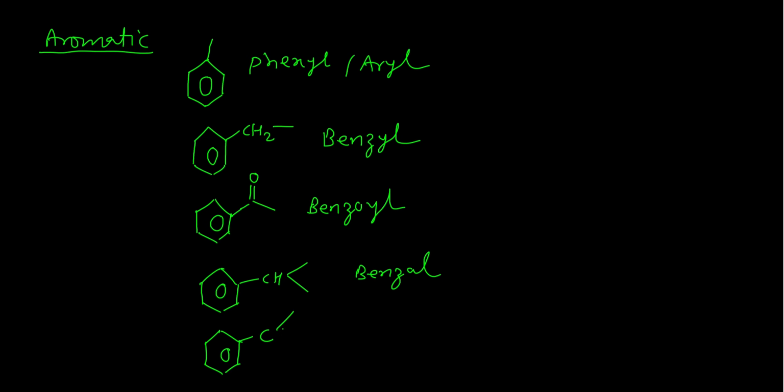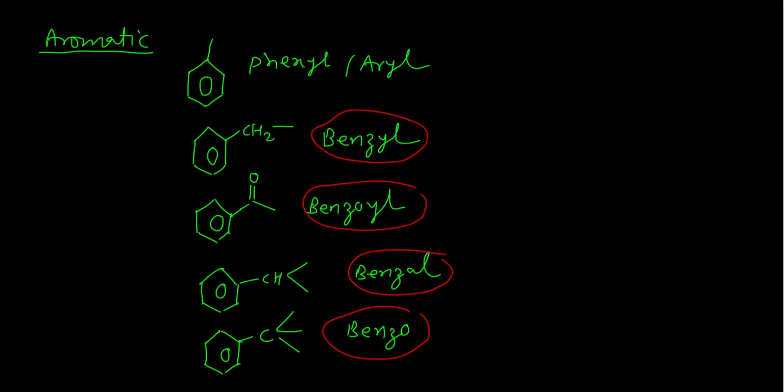C, and all three valencies are free. So this is known as the benzylidyne group. So these are very similar, you should remember. So this is benzyl, this is benzylidene, this is benzylidyne, and this is benzoyl. Okay, and this is your simplest one, that is the phenyl or aryl.